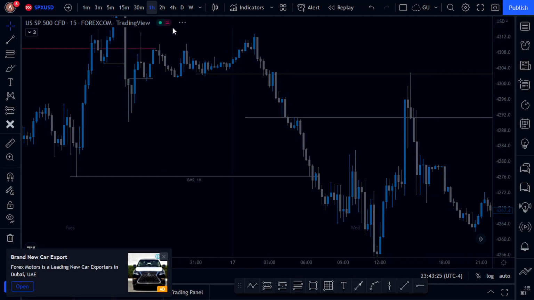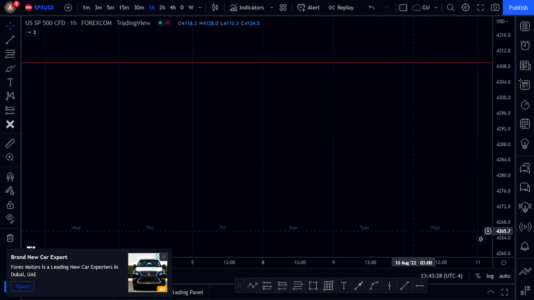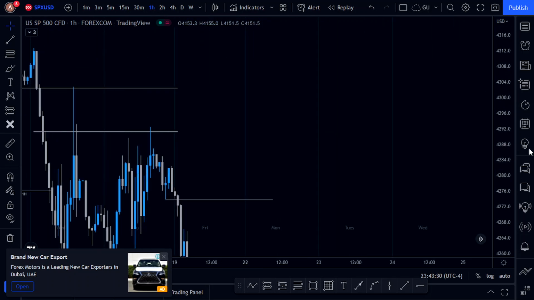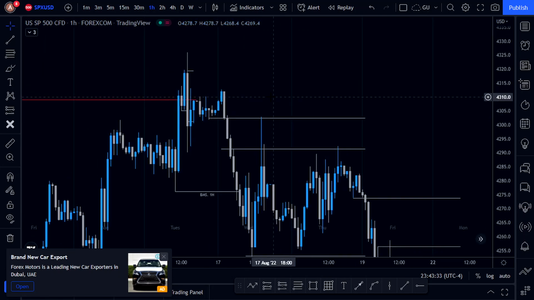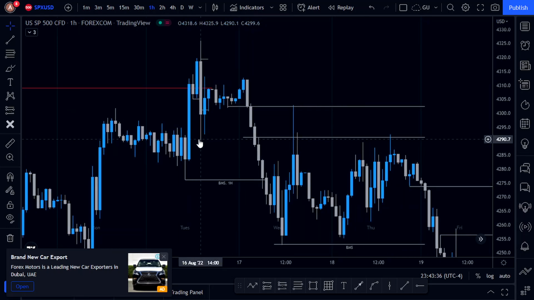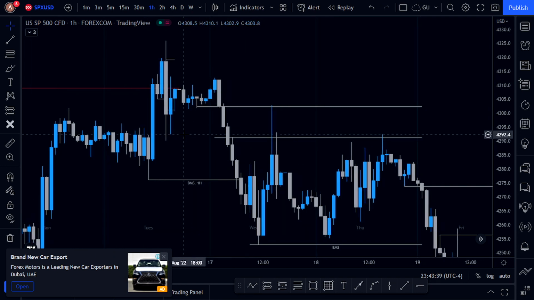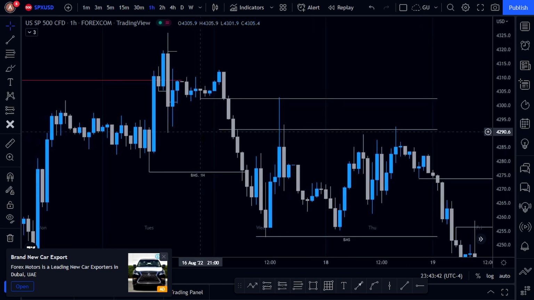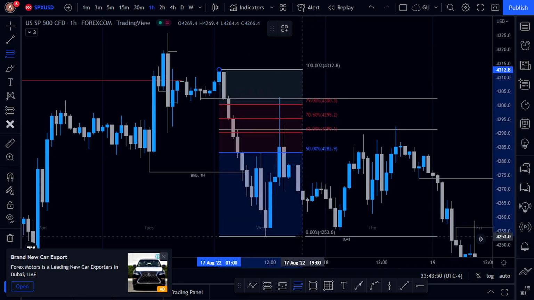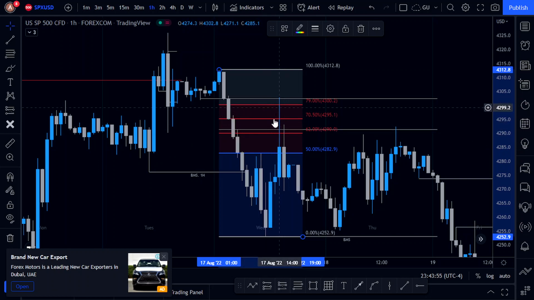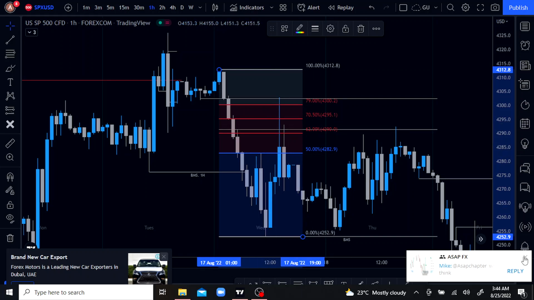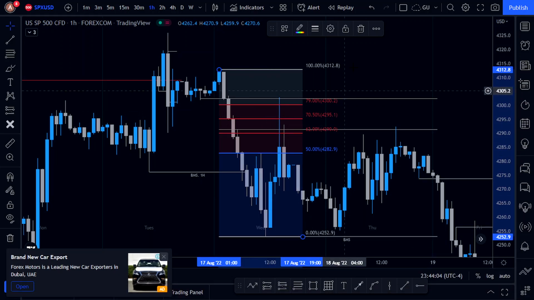As we break this low and this low, you have to go down to the 1 hour to find your fair value gaps above 50% of the range. This high to this low, above 50%. So from this range, you can look for lower time frame confirmations, 5 minutes, 15 minutes confirmation for an entry to go short.